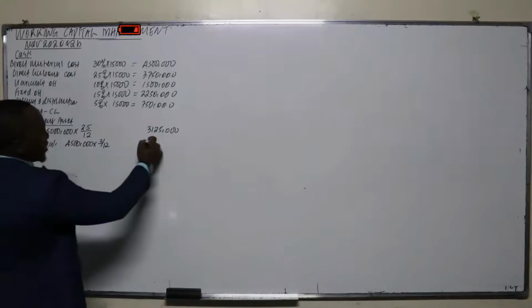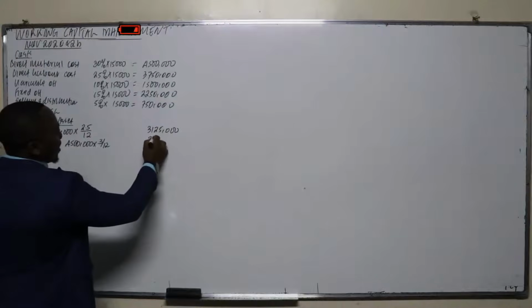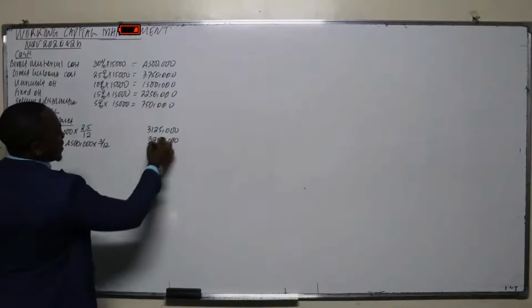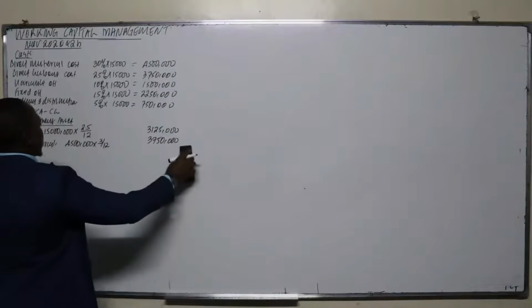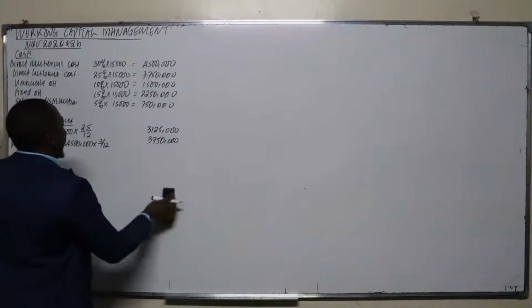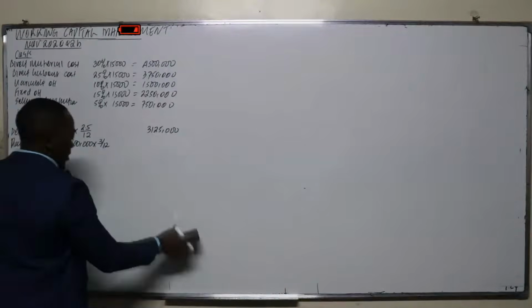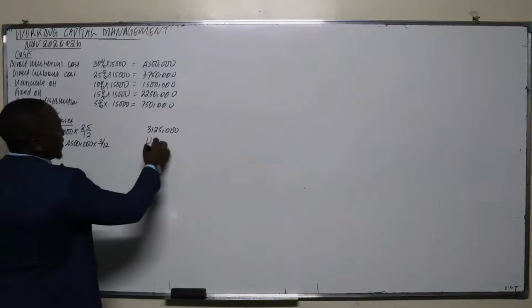What are you getting? That's a quarter of 4.5 million. What are you getting? 1125. Good.